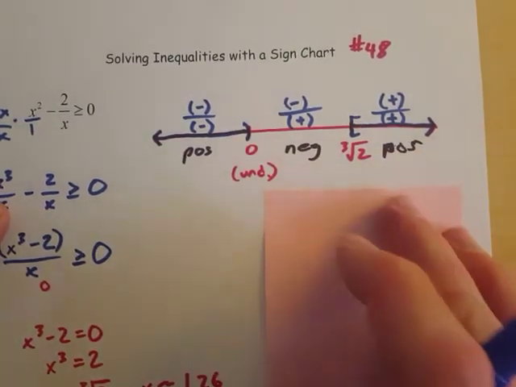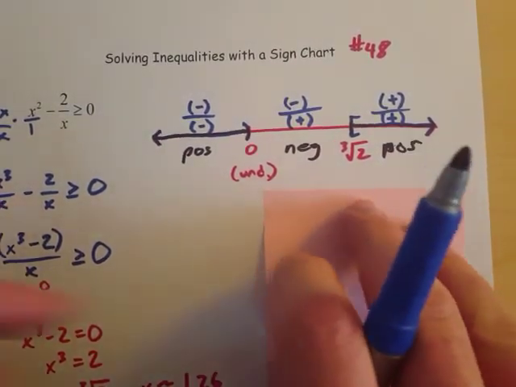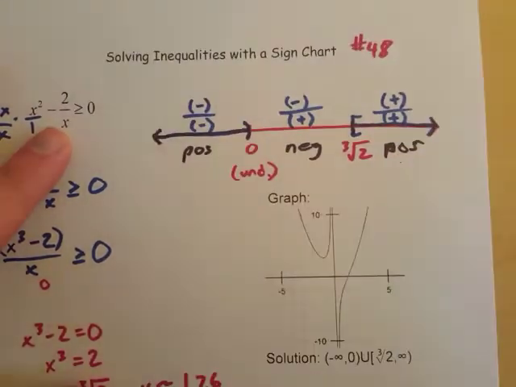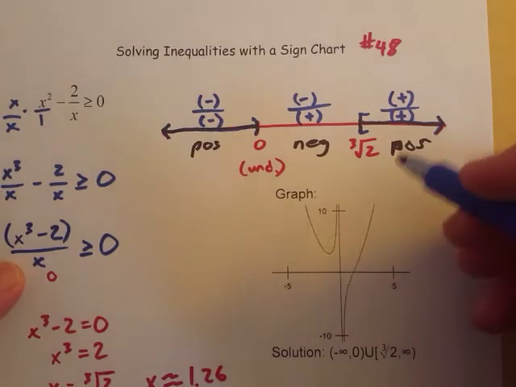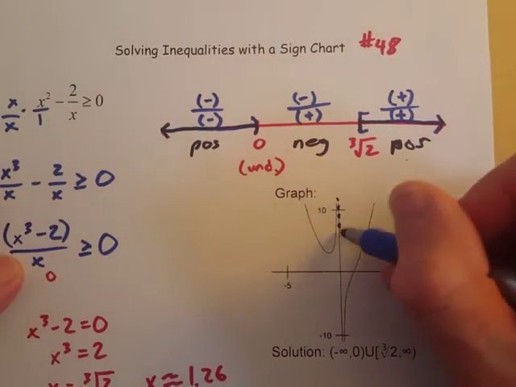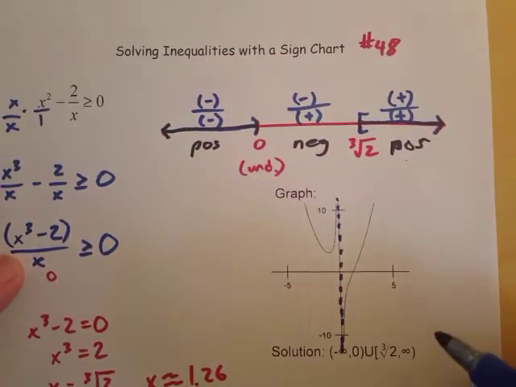And so the last thing we might do is look at this graph and chart out the solution. The graph here that we have, as you might be able to tell, has a vertical asymptote there.